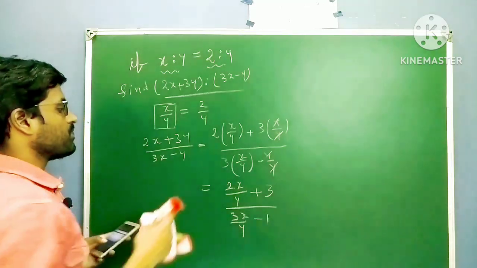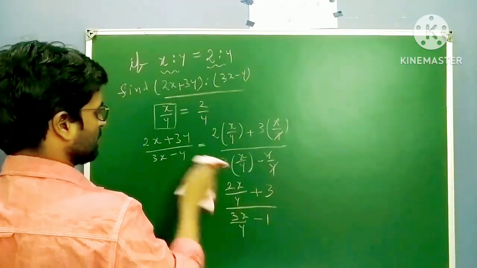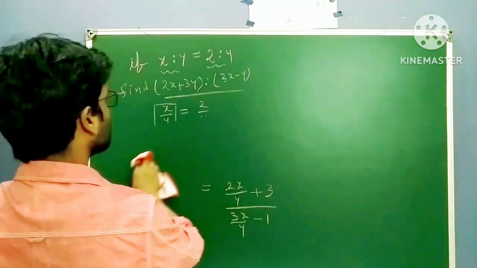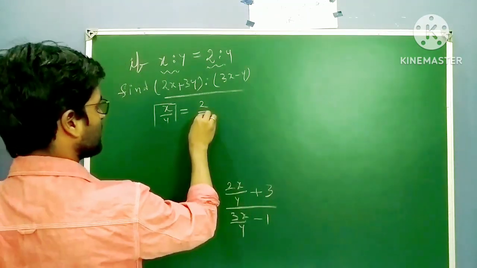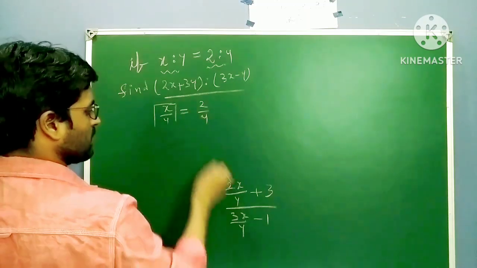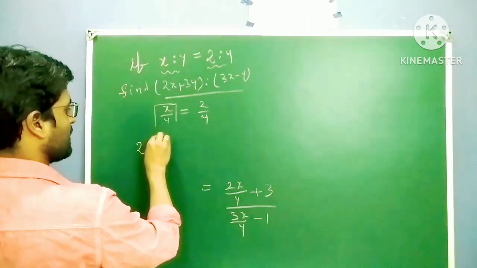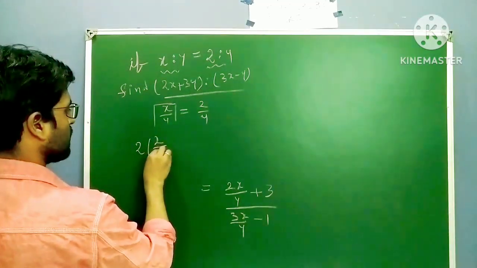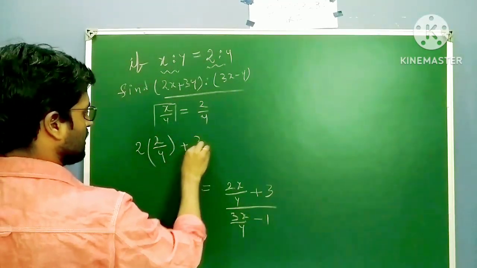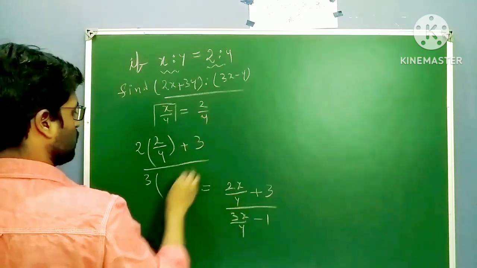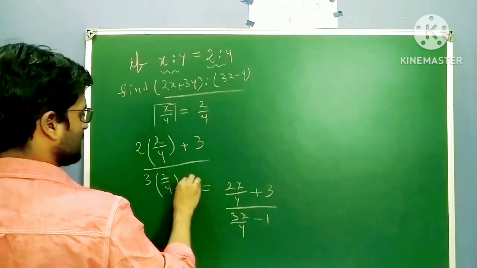Now what do I have to do? Simple. I have x by y value as 2/4, so put this value here. In place of x by y I can write 2/4 plus 3 over 3 into x by y, 2/4 minus 1.